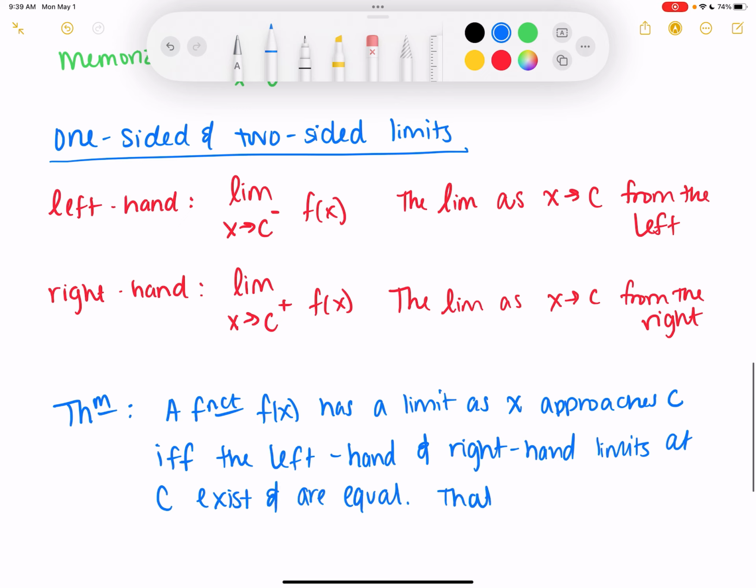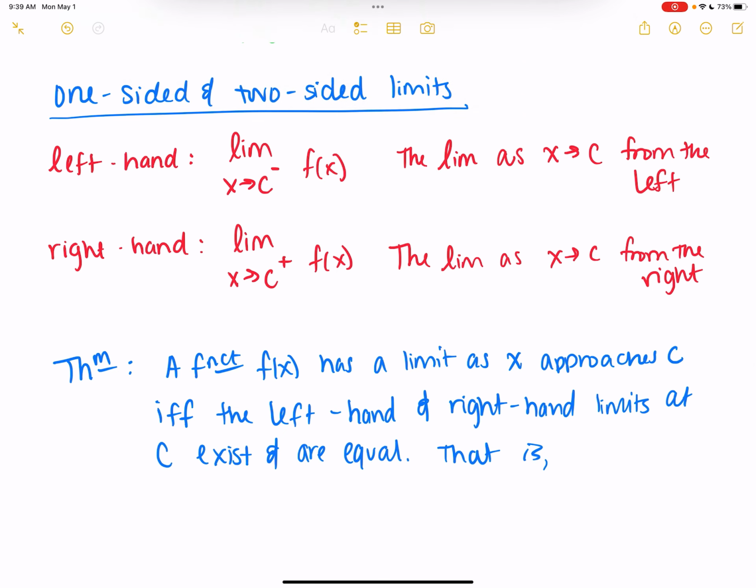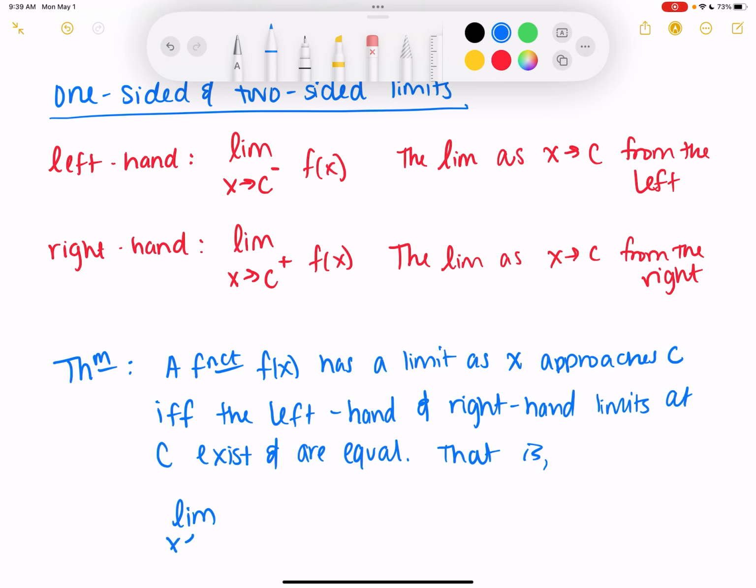That is, in symbols, the limit as x approaches c of f of x is equal to capital L. That means just the limit value.